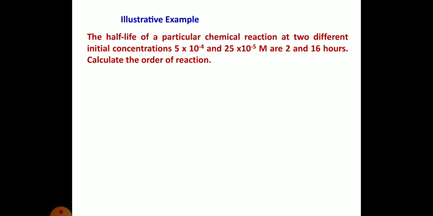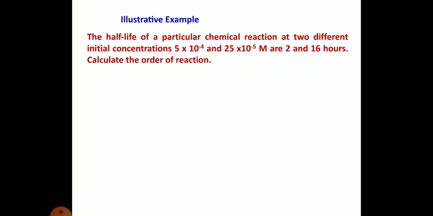And students, some problems may be asked in your exam. The half-life of a particular chemical reaction at two different initial concentrations may be given in your examination. The values sometimes may be provided in brackets also, such as 5 into 10 raised to minus 4 and 25 into 10 raised to minus 5 molar are 2 and 16 hours.